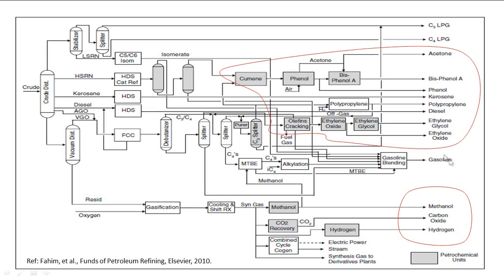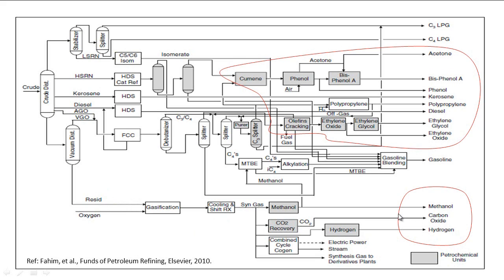Well, in a refinery, not only gasoline and diesel or other fuel oils, but also other chemicals are of interest, because some of these can be used as a feedstock for other useful intermediate chemicals in downstream manufacturing. For example, you can see that we can have syngas produced from the residues of the refinery and used to produce methanol and some products of hydrogen and also carbon dioxide.